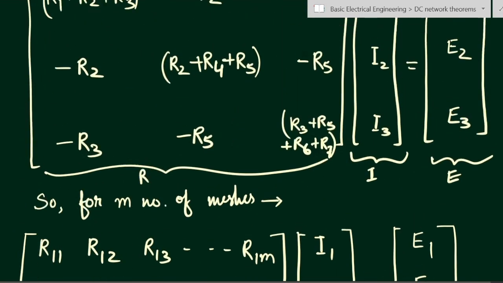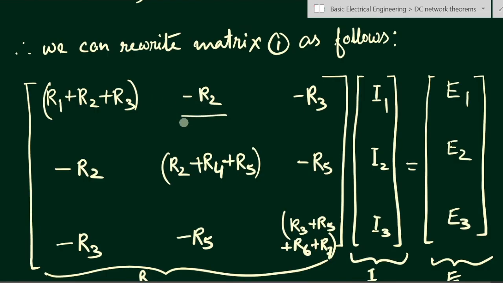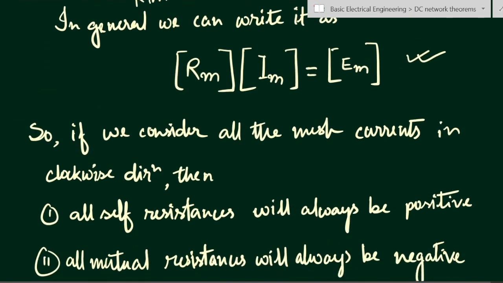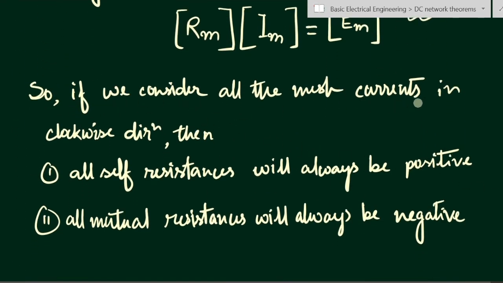We have seen that the mutual resistance, that is, the resistance of loop 1 with respect to loop 2, the R12 value, and the R13 value, are all negative. Here we can see these are the mutual resistances, and here also these two are the mutual resistances. The first point is that we have considered the mesh currents in the clockwise direction, you have to keep that in mind.